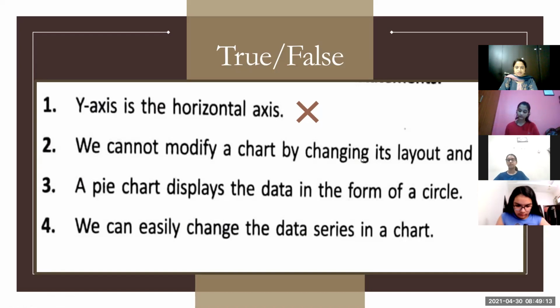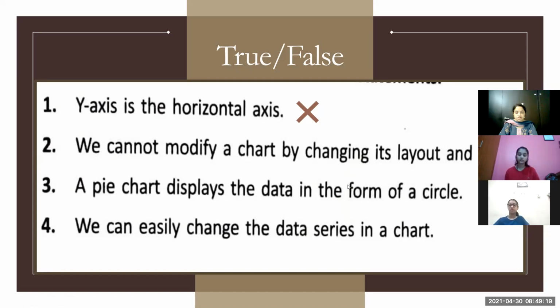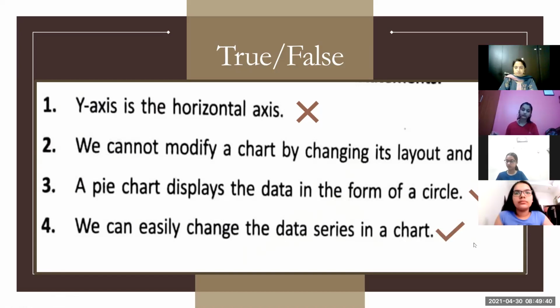A pie chart displays data in the form of a circle. True. A pie chart displays data in the form of a circle, true. Next one. We can easily change data series in a chart. True. We can easily change the data series in a chart. It is true.